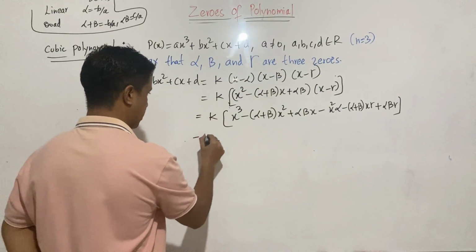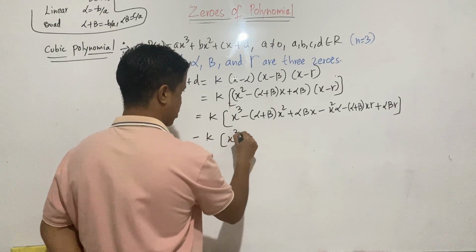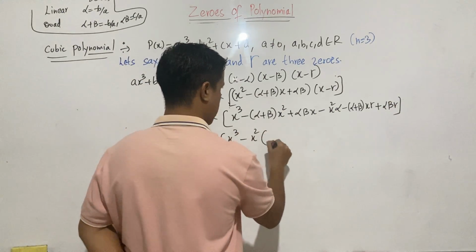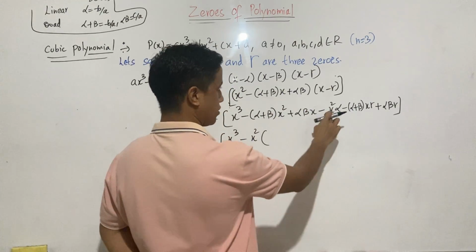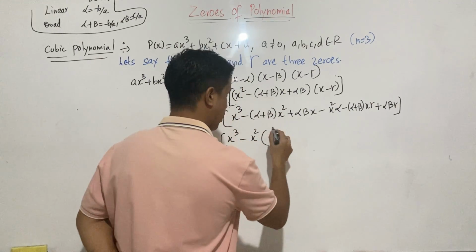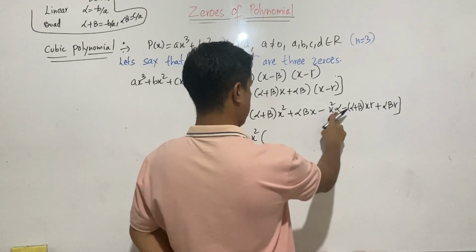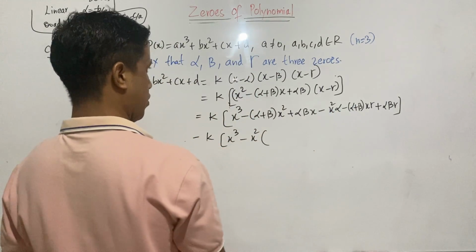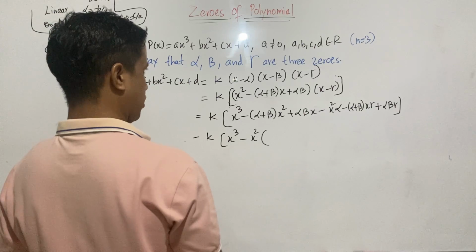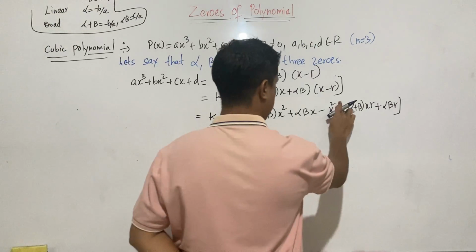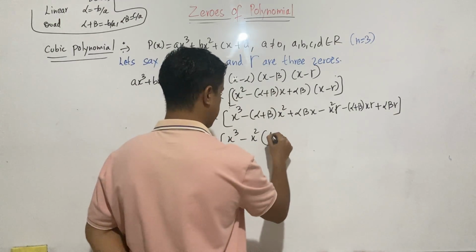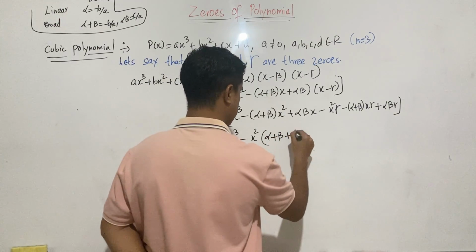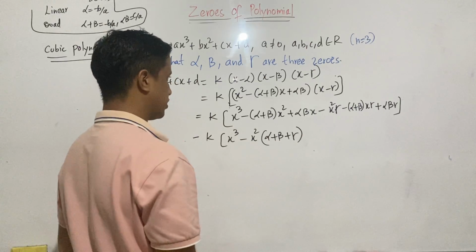So if I simplify it, x cubed minus x squared, and here alpha plus beta, and minus, oh, it's gamma. Can I write here alpha plus beta plus gamma, right?